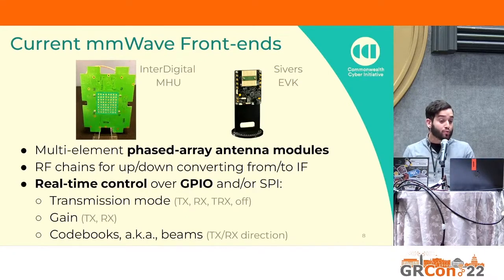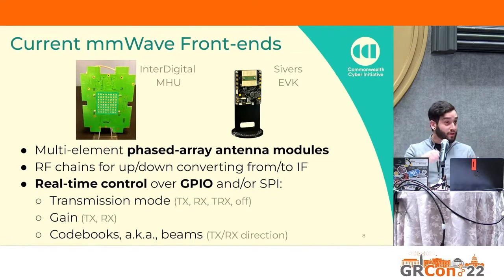But they allow you to play around with the beam by hand over their SPI or GPIO interface. Then we thought, okay, the millimeter wave frontends have GPIO control. GNU Radio supports and allows you to play around with GPIO commands, and USRPs also have a great GPIO interface, if you remember the presentation from the NI guys on Monday.